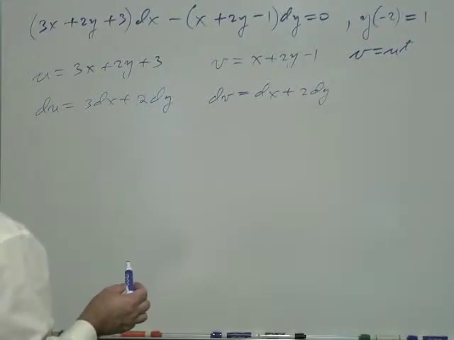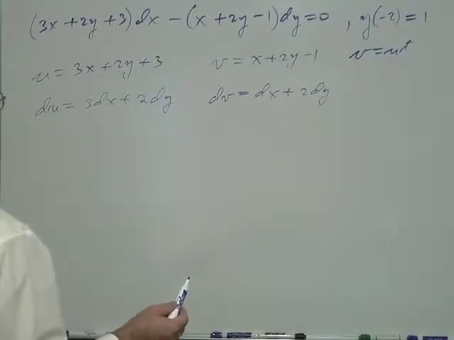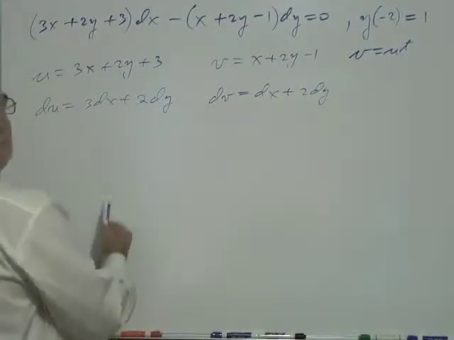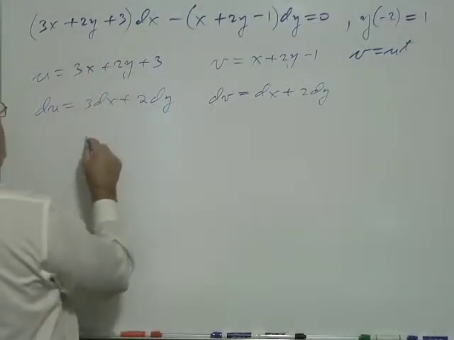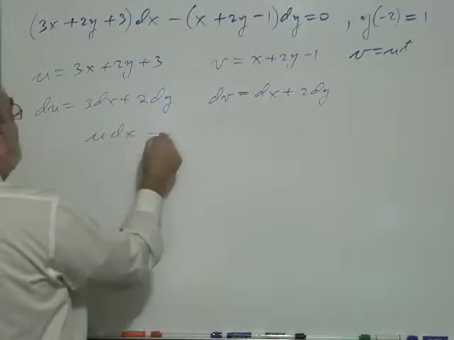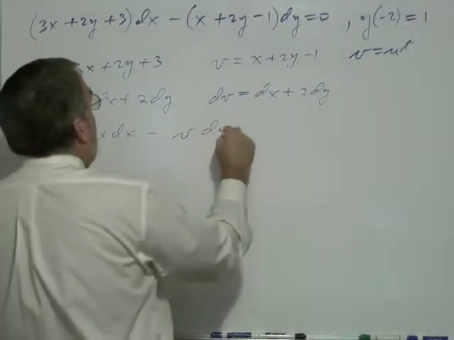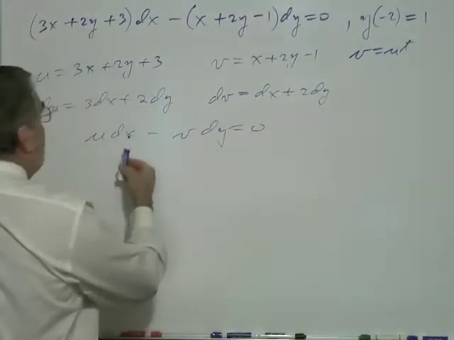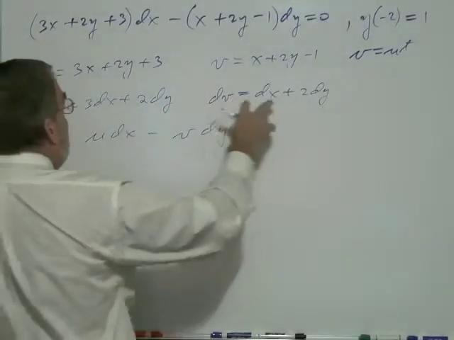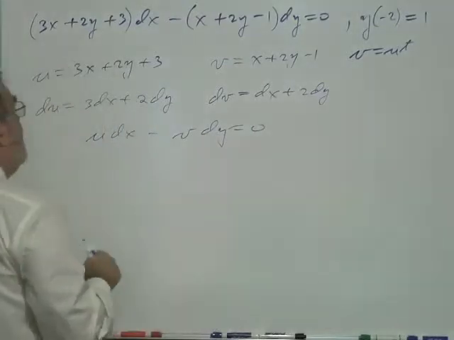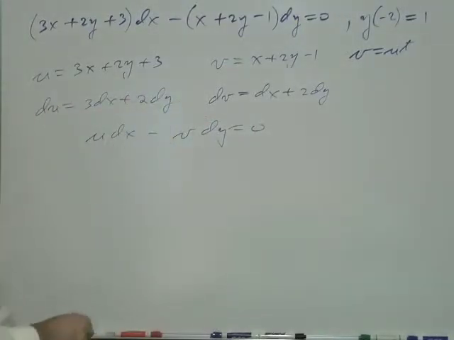Alright, so what do we do? We have to solve, in order to make the substitution, because right now what I have is u dx minus v dy equals 0. So we have to substitute for dx and dy. To do that, we have to solve this system of equations for dx and dy.